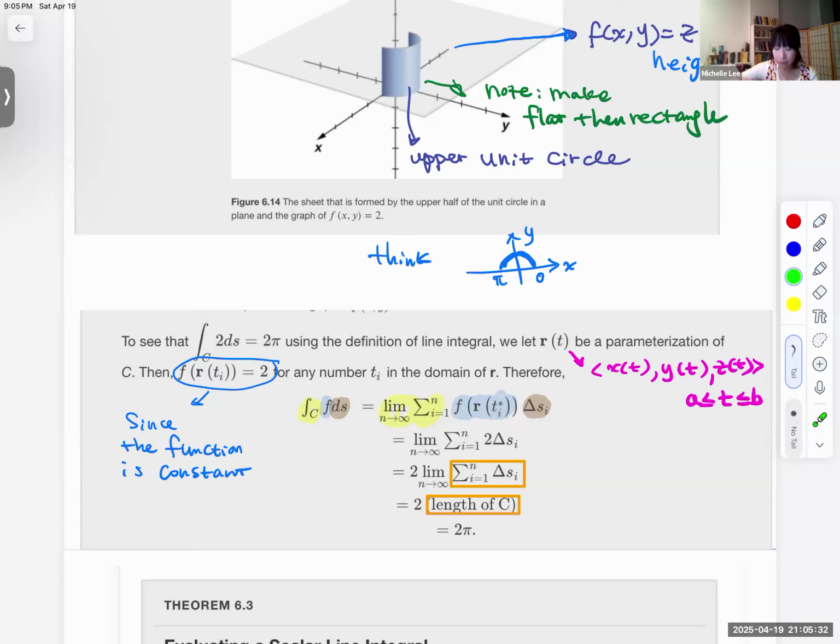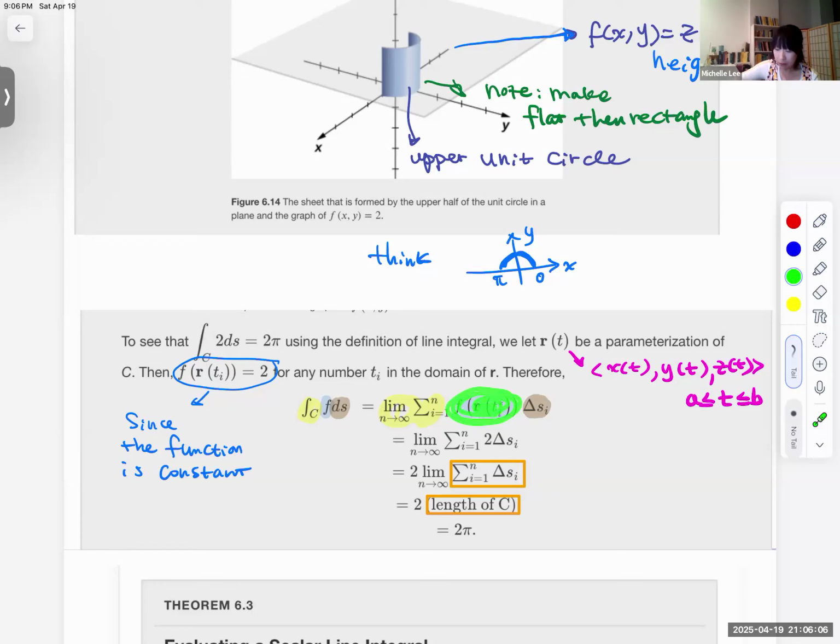Now by definition, the integral over the curve of f ds, we use a Riemann sum: f of r of t_i times delta s sub i. We know this is 2, a constant function.